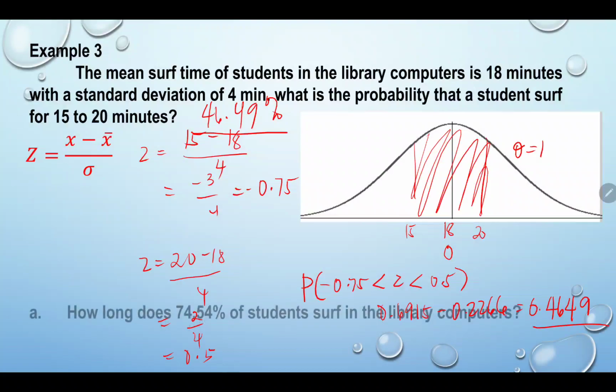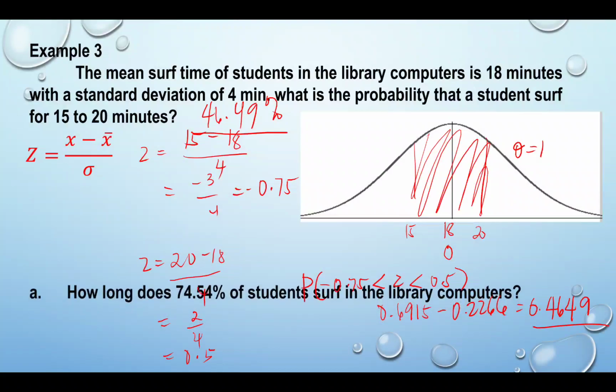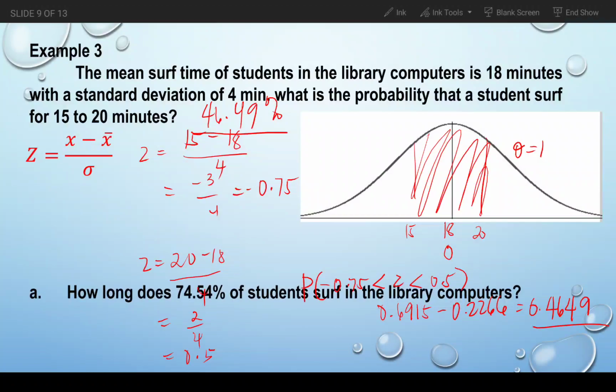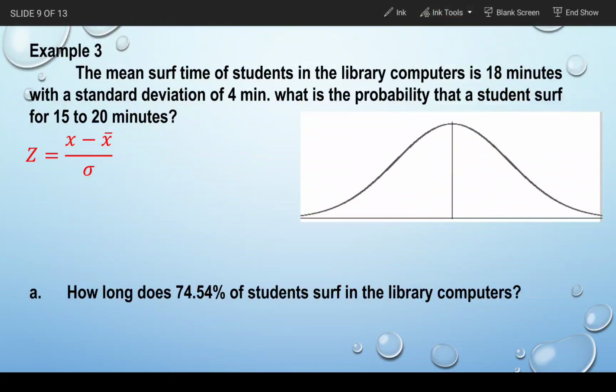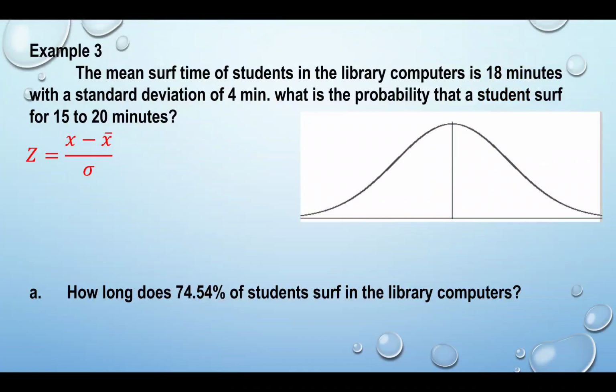So this question is different, no? So we need to erase it first. Erase one. So the question now here is how long do 75.54% of students surf in the library computer? How long?